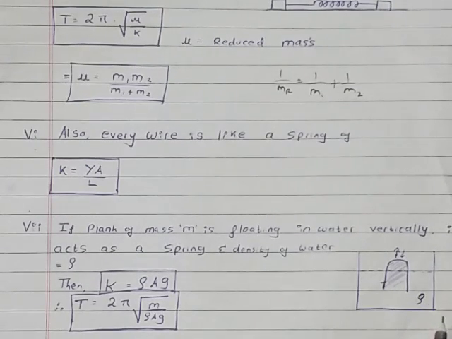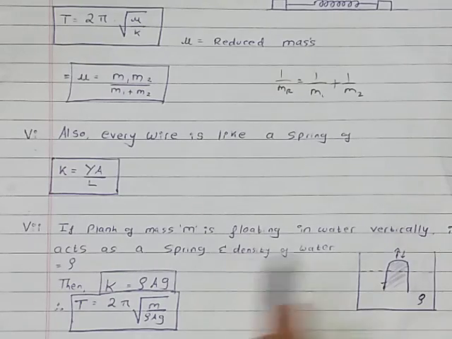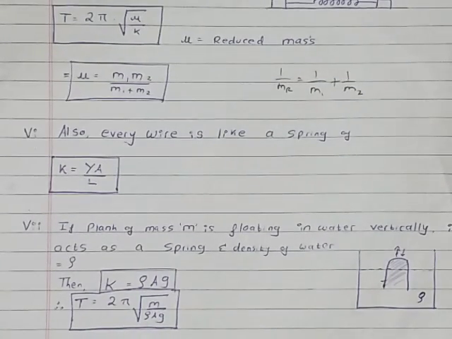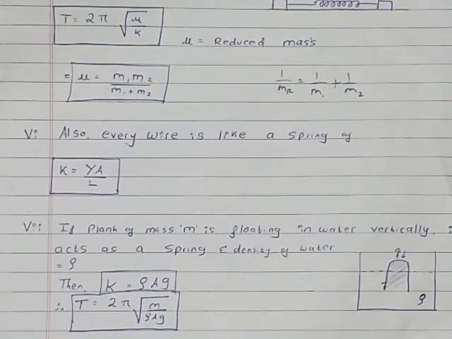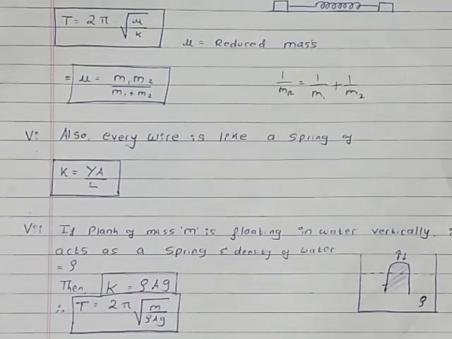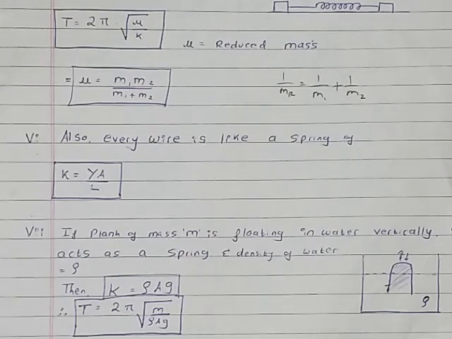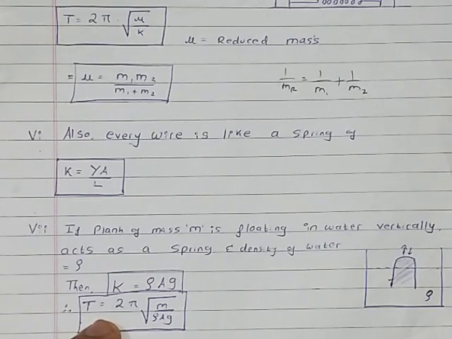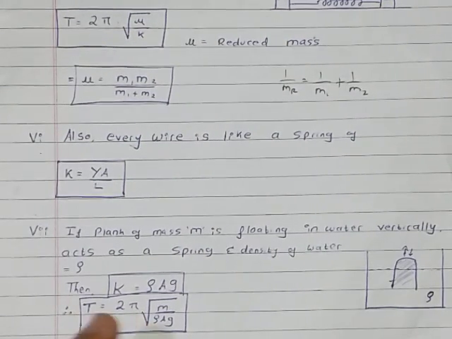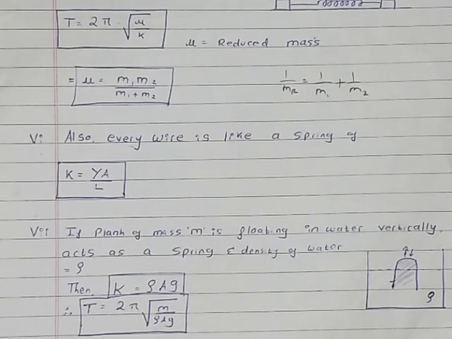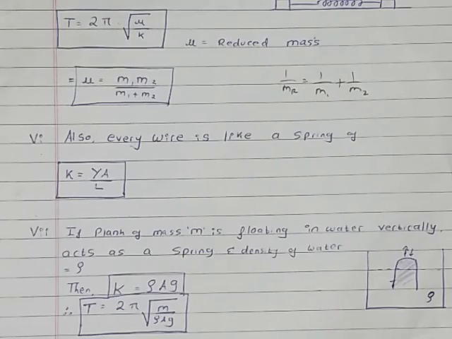Rho is the density of the fluid, and if a plank of mass m is floating in water vertically, it acts as a spring whose constant is rho Ag, and mostly they ask for the time period. The time period is 2 pi root of m upon k, so 2 pi root of m upon rho Ag.